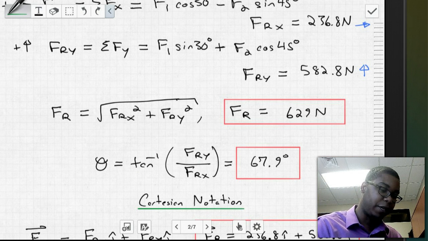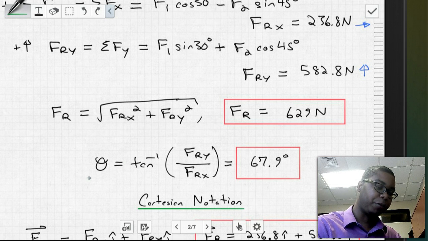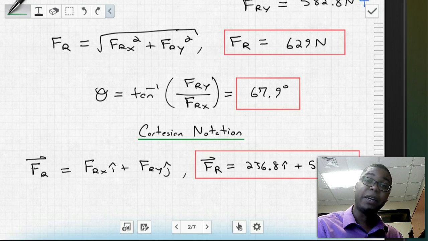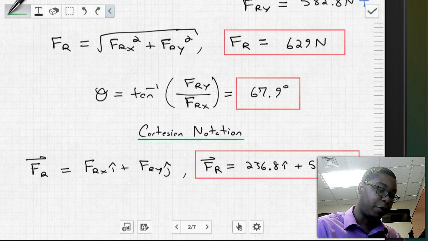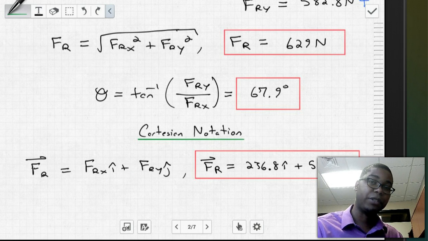When we put those values in and solve using our calculators, we find that the resultant's angle relative to the x-axis counterclockwise is 67.9 degrees. And then finally, we can take all of this information and represent the force resultant in Cartesian vector notation, where the force resultant is equal to the x component times i plus the y component times j, which is simply as indicated.